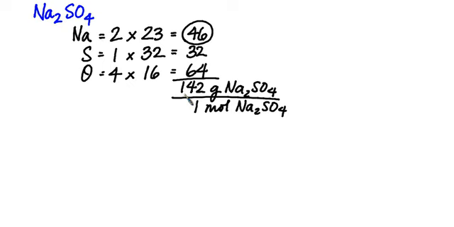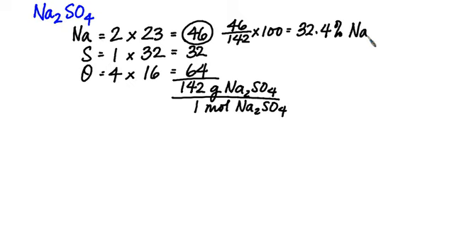And if you review some of the math you learned in previous years, you'll realize that 46 divided by the total being 142, times 100, gives you the percentage, which is the contribution of the 46. And if you did this calculation, you would see that the answer is 32.4%. And in this case, it means 32.4% sodium.